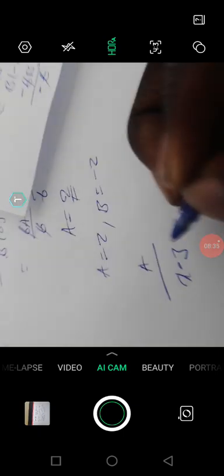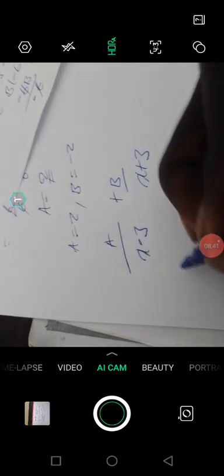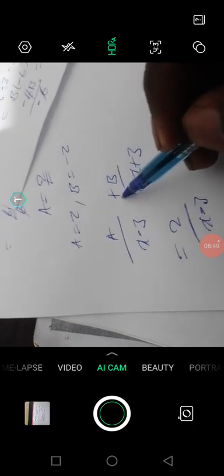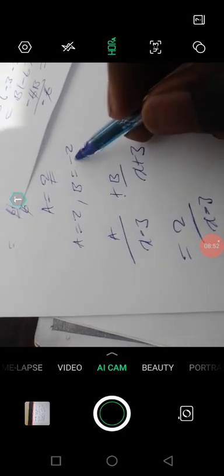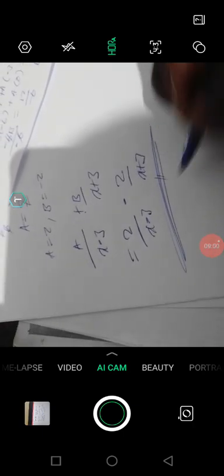So we have A over x minus 3 plus B over x plus 3. Whatever is A, I'm going to put 2 over x minus 3. So this is positive. Having 2 here replacing B, which is going to occupy a negative here, to be 2 over x plus 3. So this is our final expression.